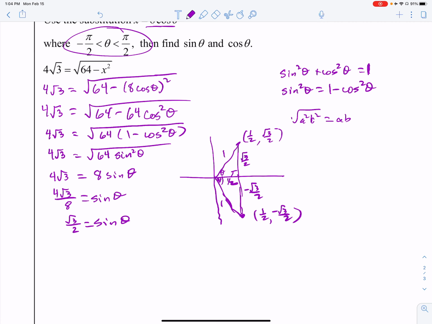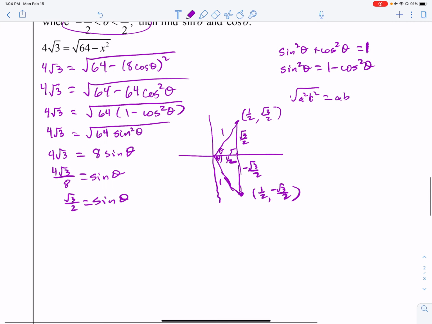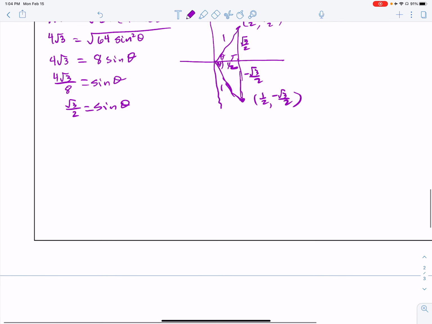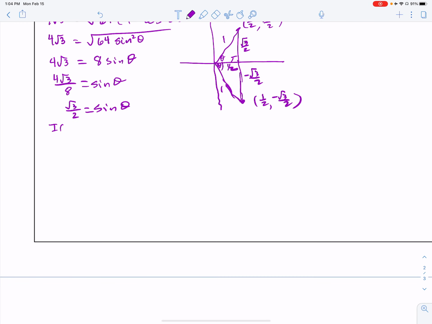And so we have 2 answers for sine. It says find sine theta and cosine theta. Well, if 0 is less than theta is less than pi halves, then sine of theta is a positive root 3 over 2.